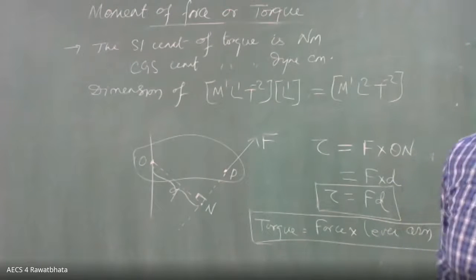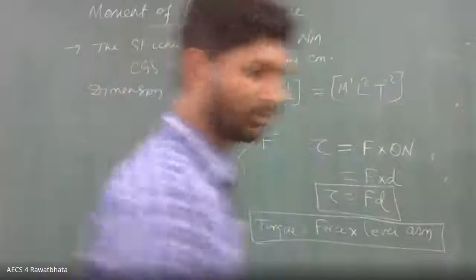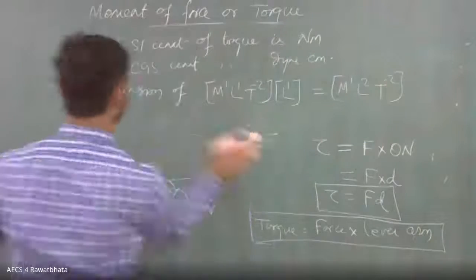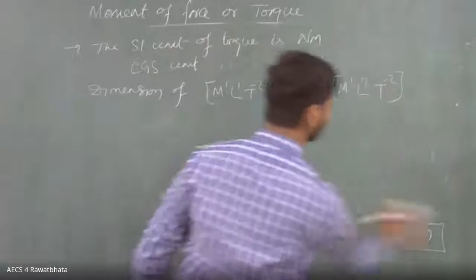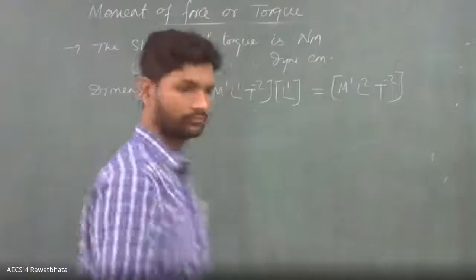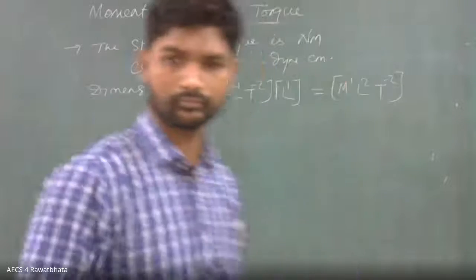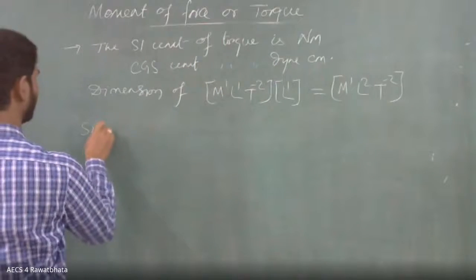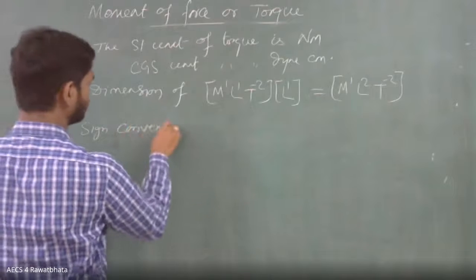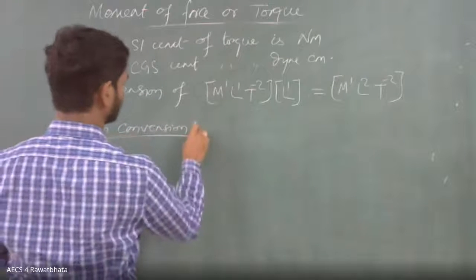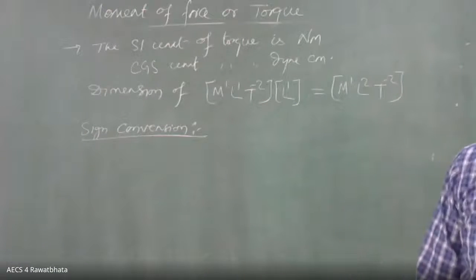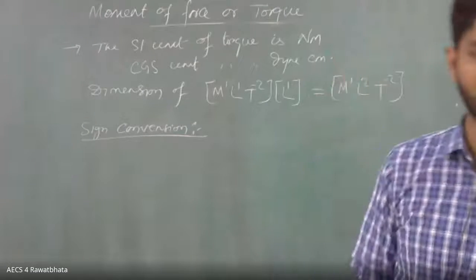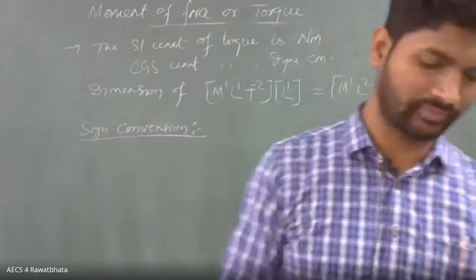Now there is one sign convention here. It says that the moment of force, or the torque, is taken positive if the turning tendency of the force is anti-clockwise and negative if it is clockwise.